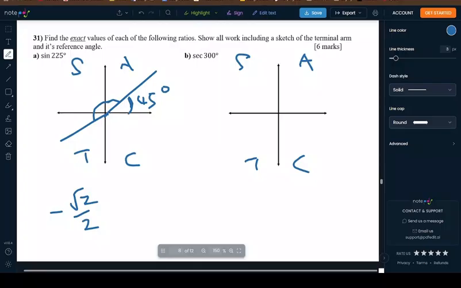And then secant of 300. So this is 270, and 300 minus 180 gives 120 as our angle, which would be around here.